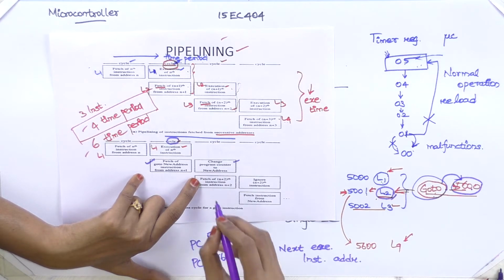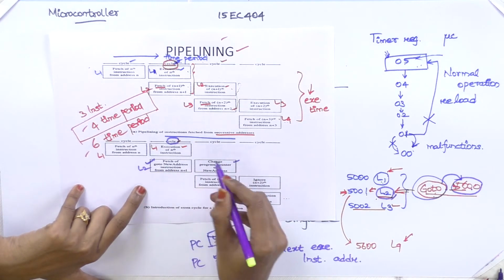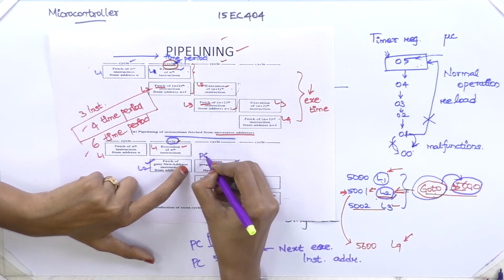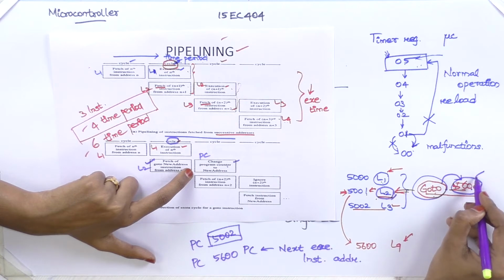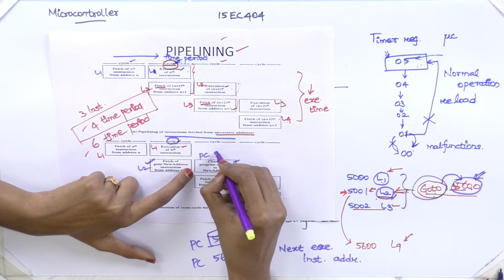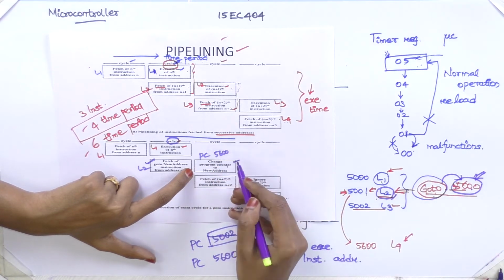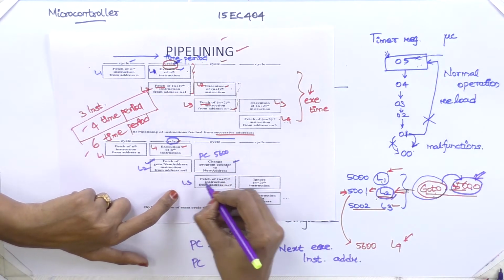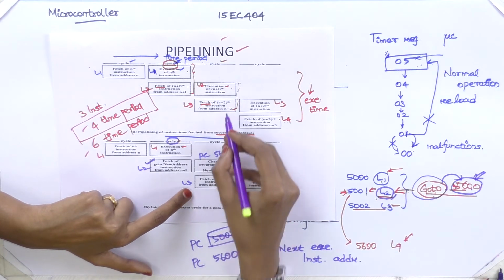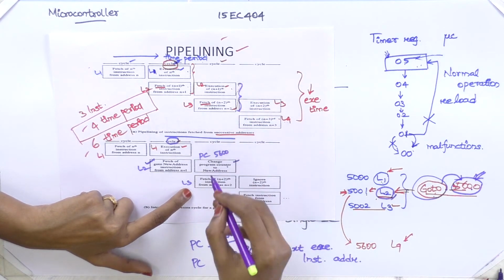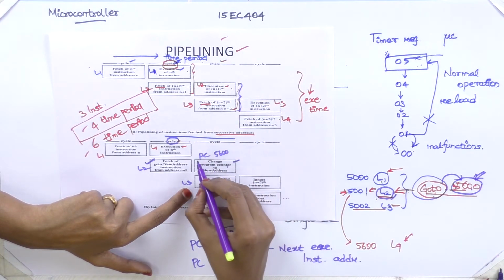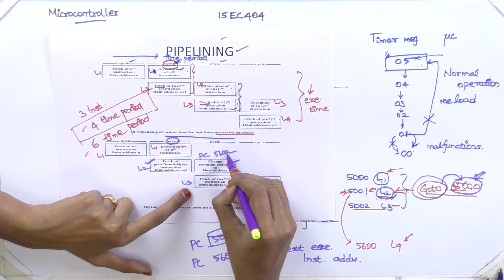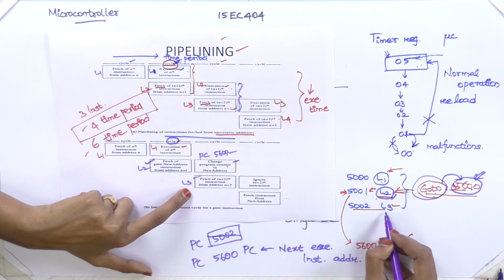That is what will happen in the third cycle. In the third cycle, your PC value will be changed to the new address, which is 5600. At the same cycle, your L3 instruction will be fetched, because the operations are happening consecutively. So at the same time as changing the address from 5002 to 5600, the fetching of line L3 will happen.